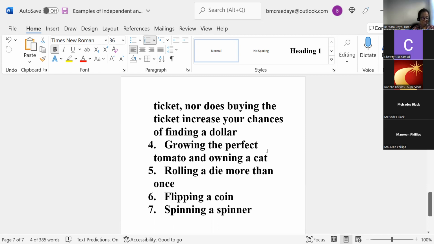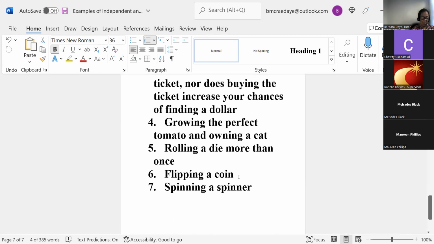Independent, right? Your gardening has nothing to do with your owning a cat. And if you roll a die more than once, you still have the same chance of getting a 6 or 5 as if you did it one time. Flipping a coin, probability is still 1/2, right?